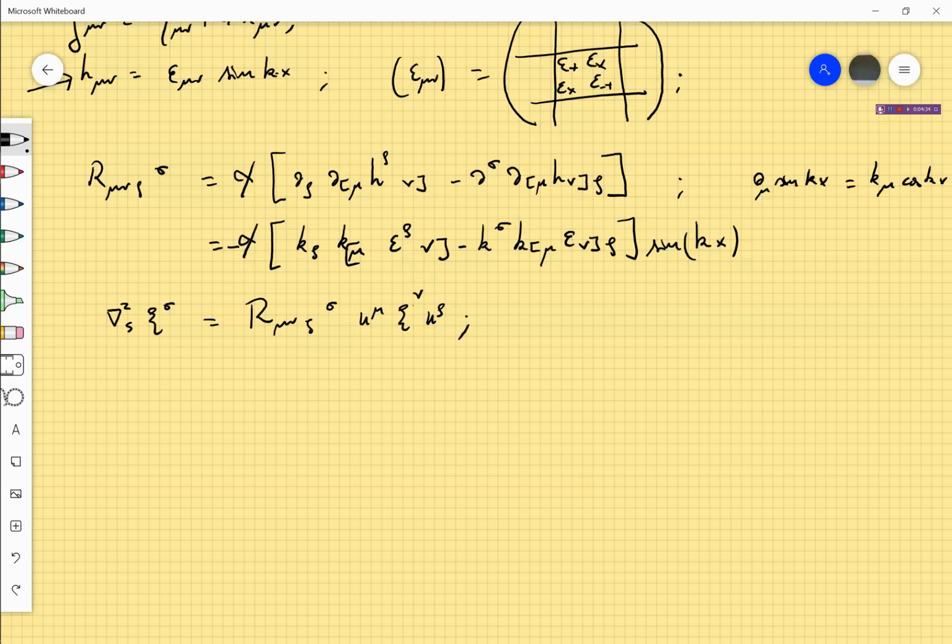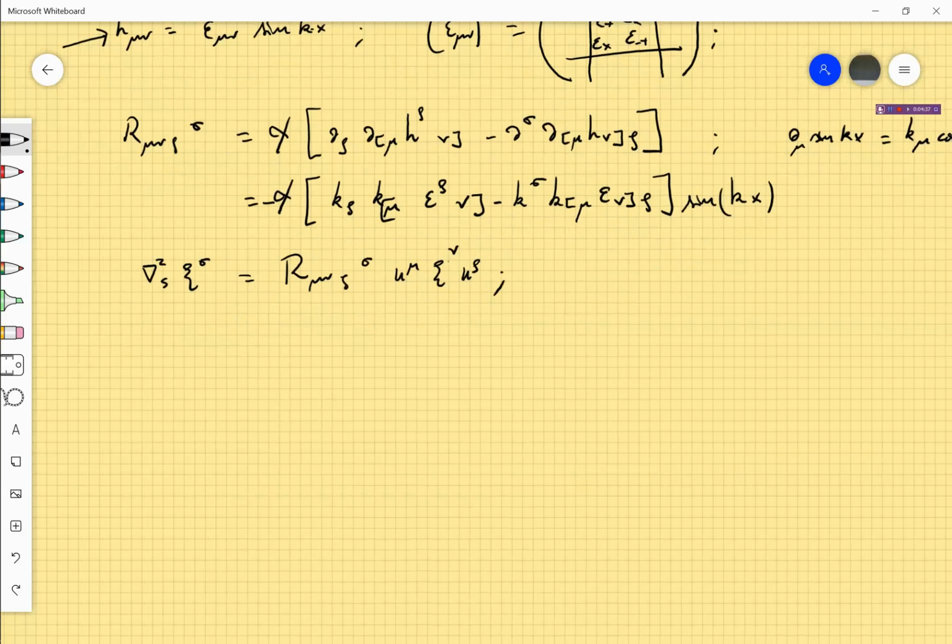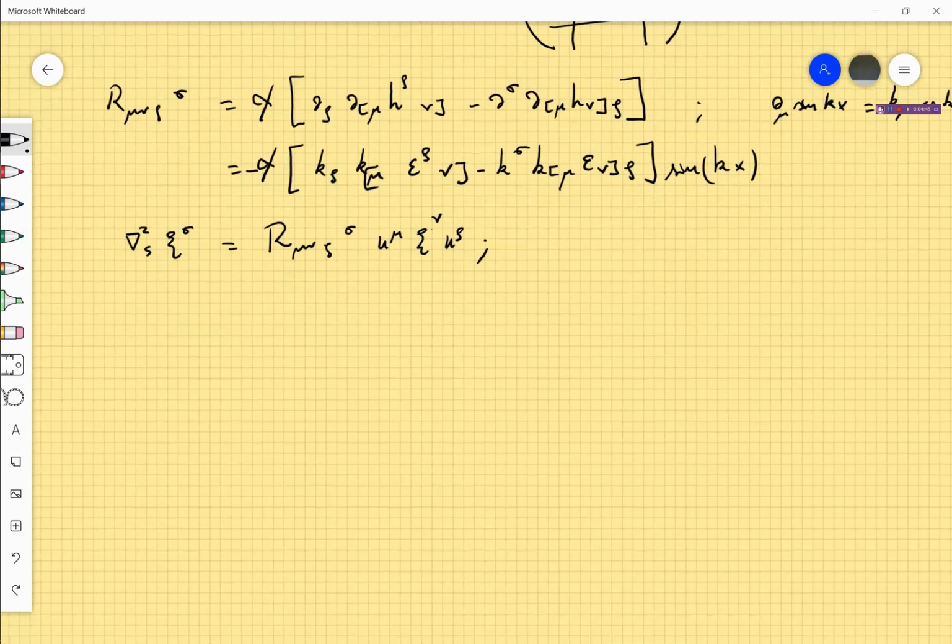Now in order to simplify the calculation a bit more, we are going to work also in a freely falling coordinate system, which means the following: first, this will be given by just the second derivative with respect to s of psi sigma, because remember that in this free falling system you can set the connection to 0, so these covariant derivatives become just ordinary derivatives.